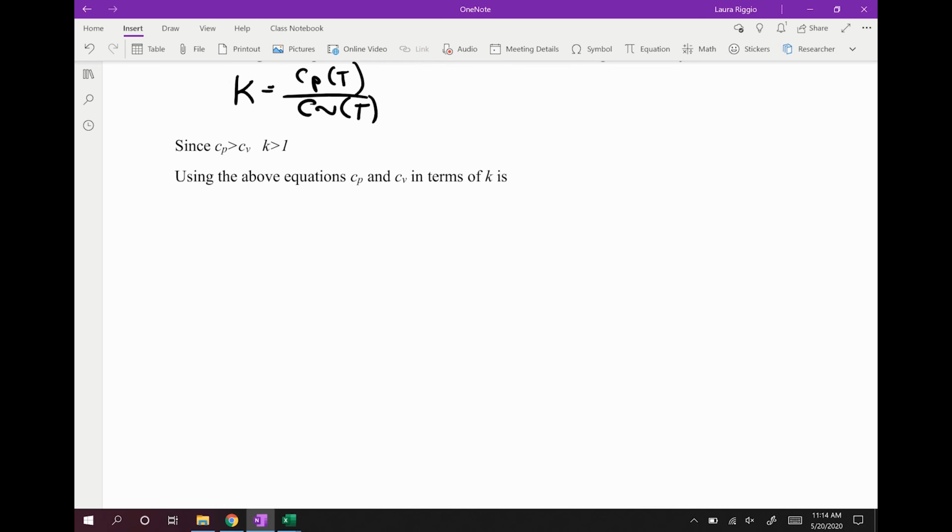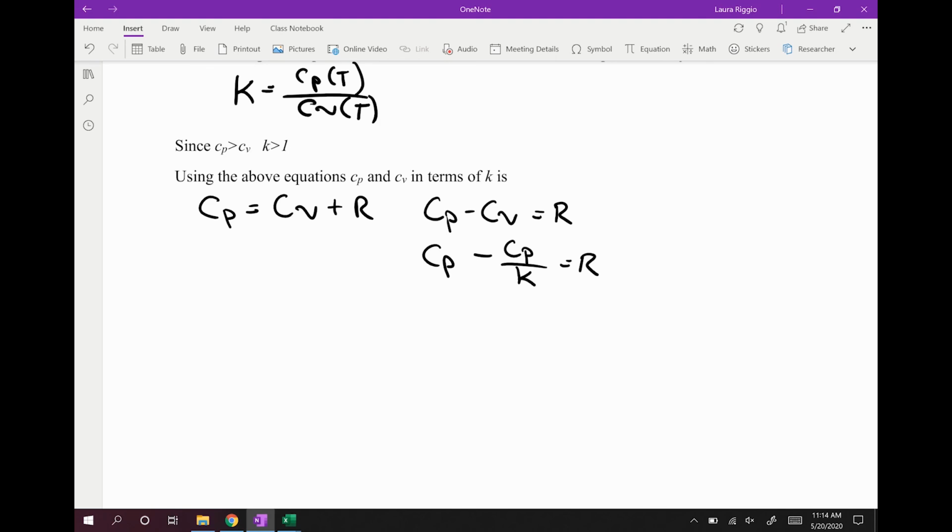And using our above equations, we're going to come up with another relationship of how Cv and Cp are related to k. So Cp is equal to Cv plus R, so Cp minus Cv is equal to R. If I replace Cv with Cp over k, and I do some algebra, I'm going to get that Cp is equal to kR over k minus 1.